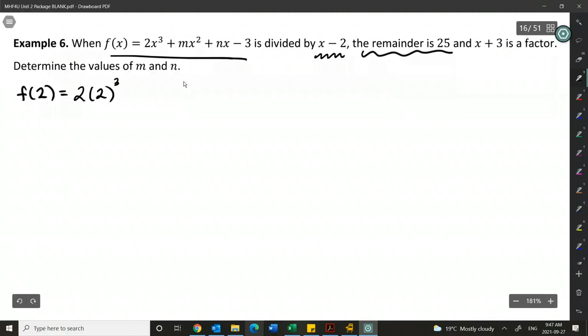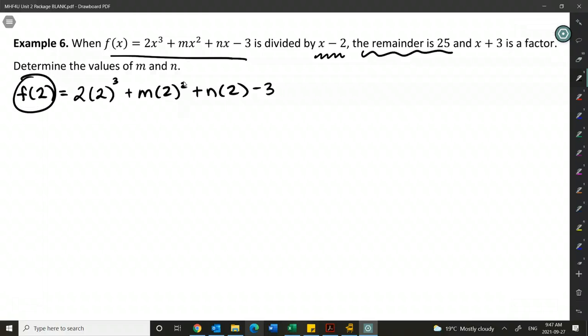Okay, so we'll plug x into all the pieces of this equation as 2. And then Bella is saying we will replace f at 2 with 25 because we know that the polynomial evaluated at 2 should give us out 25 because that's the remainder.